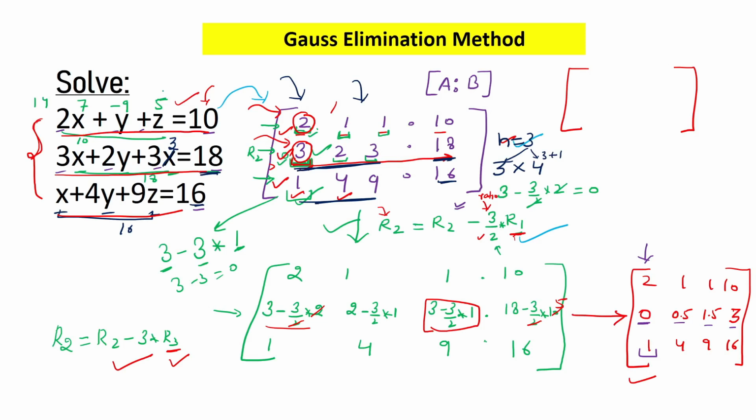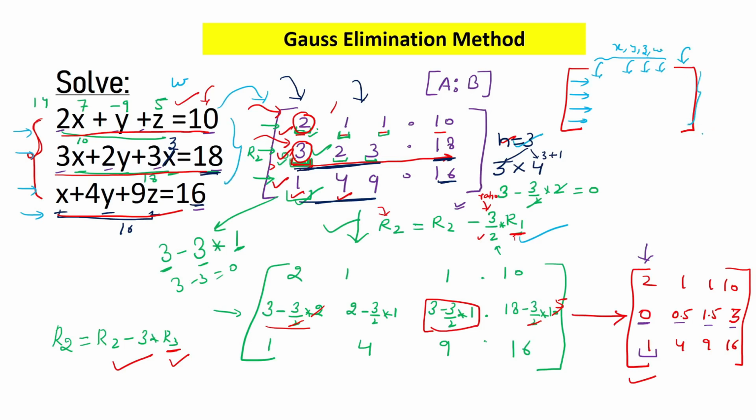Now let's say you have one more variable, let's say w, that is x, y, z and w, and then you have, let's say, 4 equations. Then what will be the size of the augmented matrix? In that case, you will have a total of 4 rows and actually 5 columns. The columns will be with respect to the x, y, z and w coefficients, and the last column will be with respect to the constants.